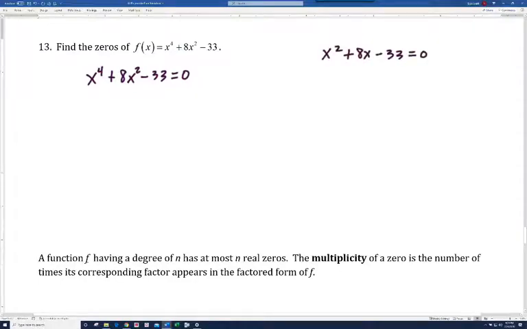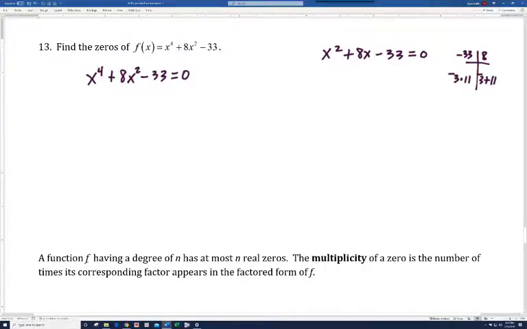So when I see this equation, it reminds me of this equation here, x squared plus 8x minus 33 equals 0. So this is a quadratic equation, and it looks like we might be able to factor this. So we need 2 numbers that multiply to negative 33 and add up to 8.